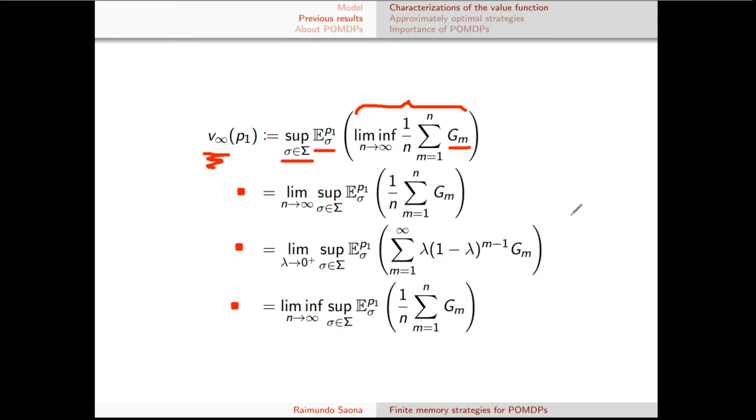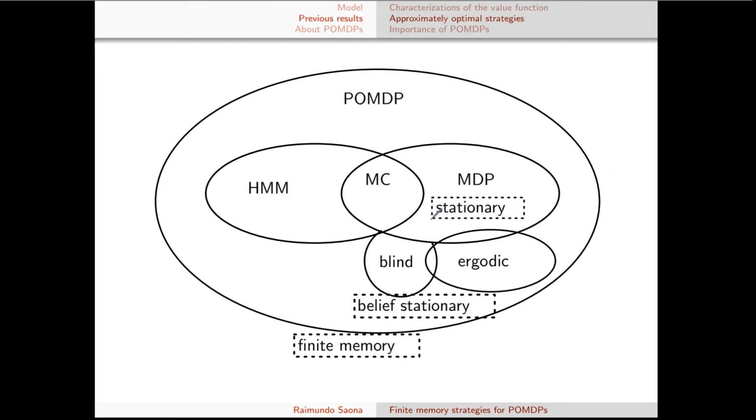This is in sharp contrast with the study of long-run epsilon optimal strategies. Indeed, before our work, little was known about sufficiently complex strategies. Available results include that stationary strategies are enough for MDPs, where the state dynamic is perfectly observed.